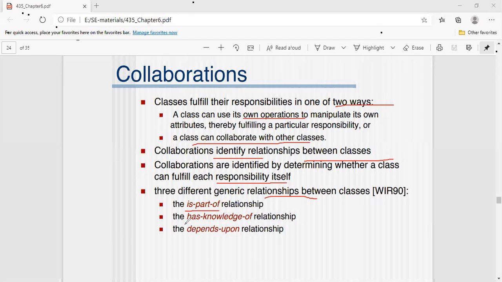The first one is the part relationship, which means there is like a friendship. If two members work together, one part with one member and the second part with the second member, that kind of relationship is the first one. The second one is that it has complete knowledge. One class has the knowledge related to another class.